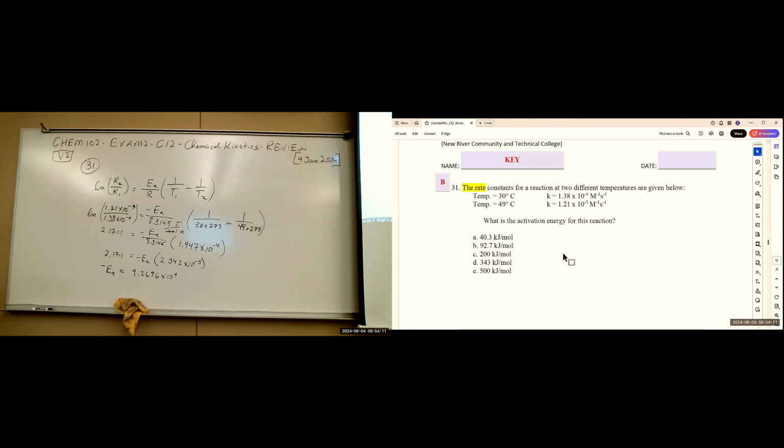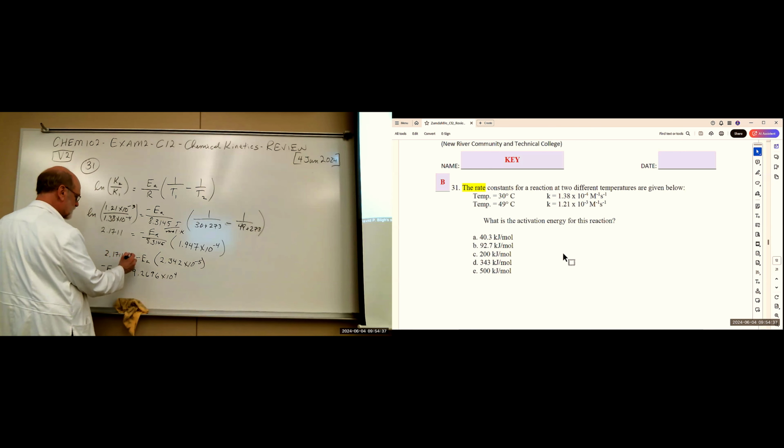Does your copy have a negative in it? No, sorry, I was looking at the wrong one. I was looking at the one above it. The one that we just did does not have a negative. The one above it has a negative. The one below it does not. Right, that's because we switched those temperatures.